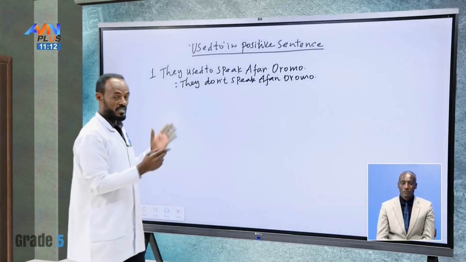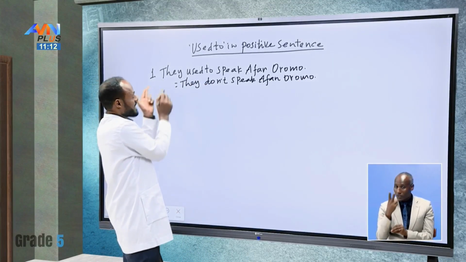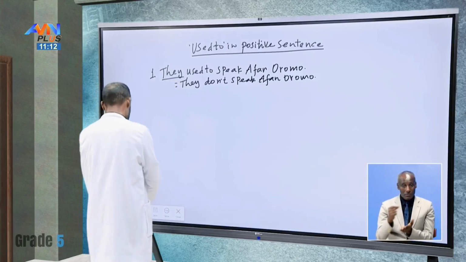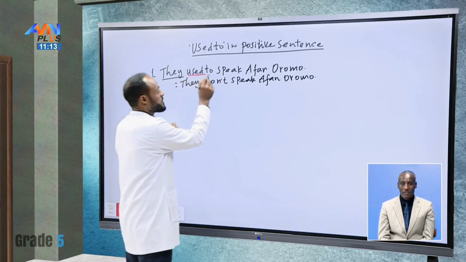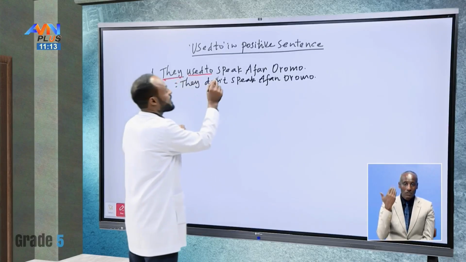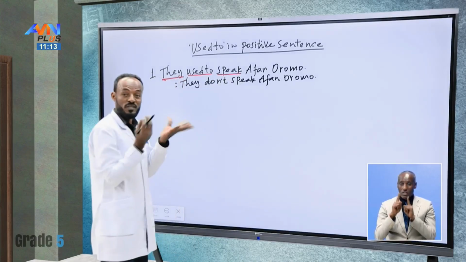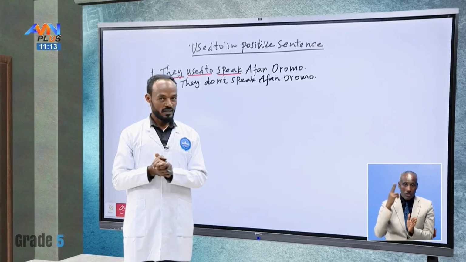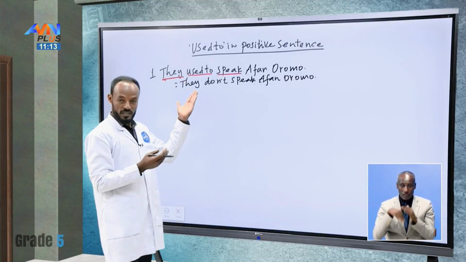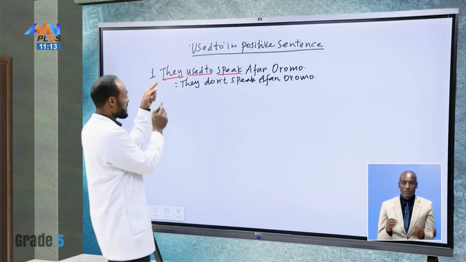All right, students, look here. The subject is here. Here is used to. Here is speak. So what's the form of used to in present tense? Yes, we can derive it from this sentence. Here is the subject.